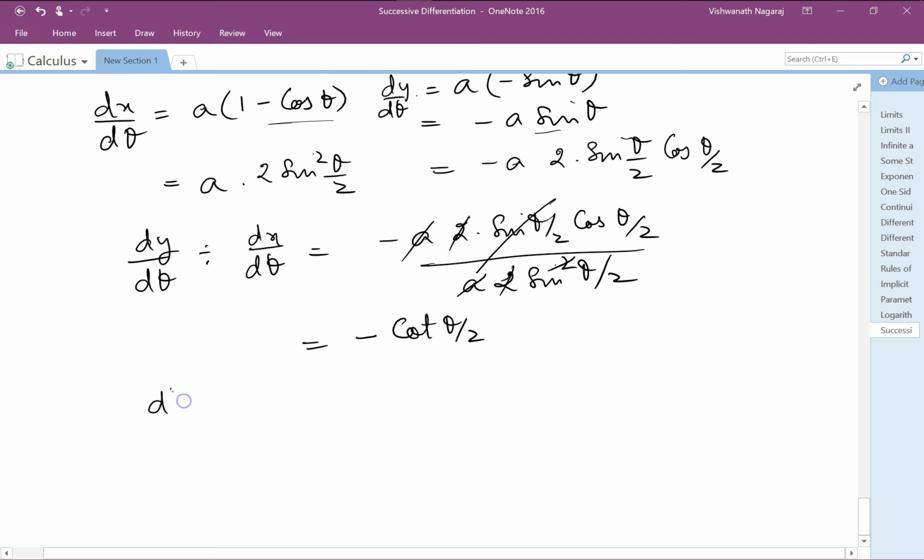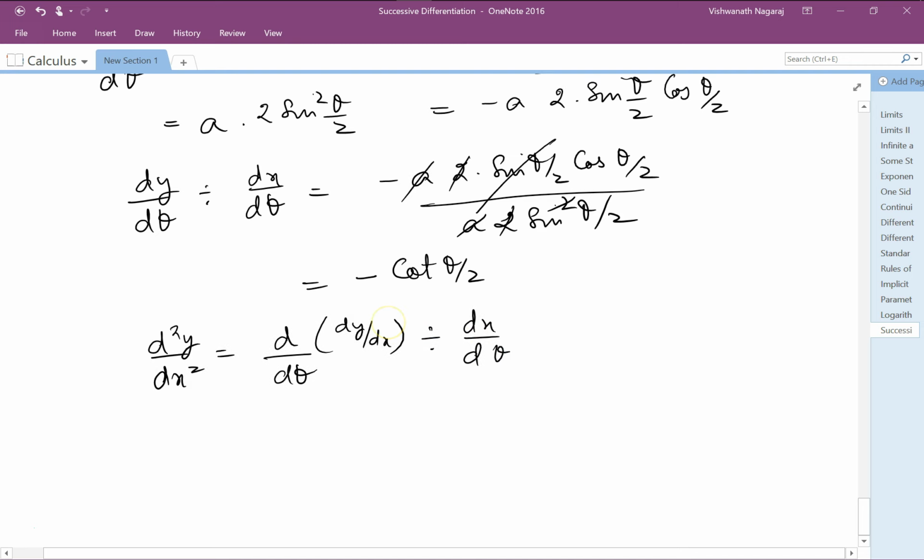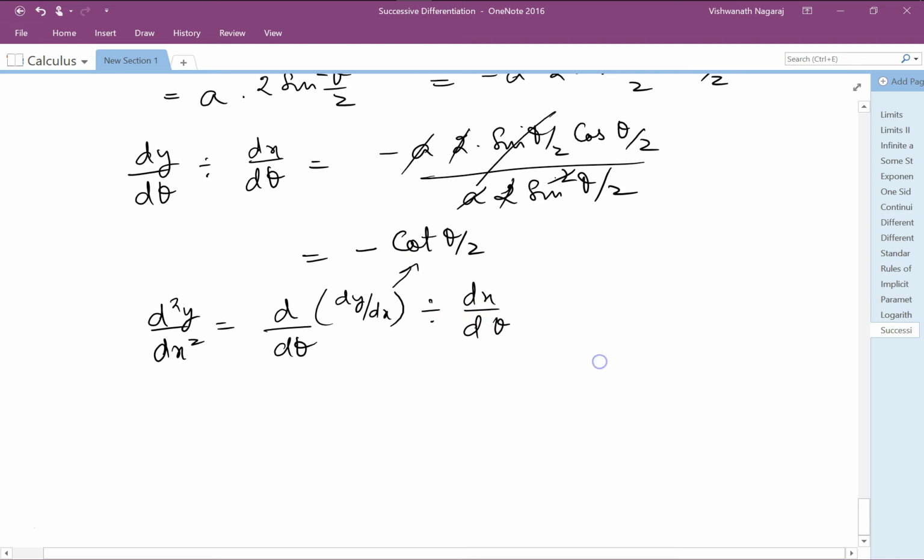Now the second derivative, d square y by dx square. How do we do this? We can't just differentiate this. We will have to differentiate dy by dx with respect to theta, and then divide that by dx by d theta. So differentiate this with respect to theta and then divide by dx by d theta.